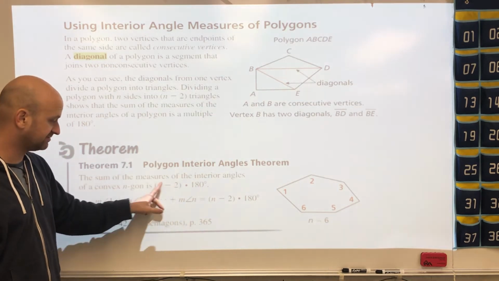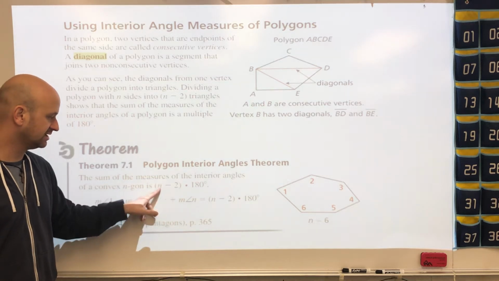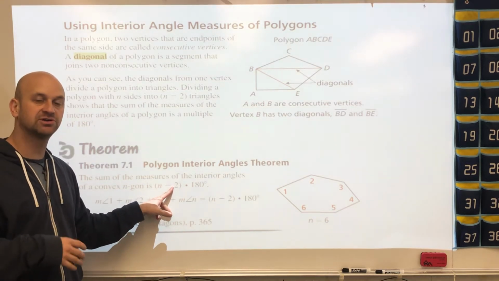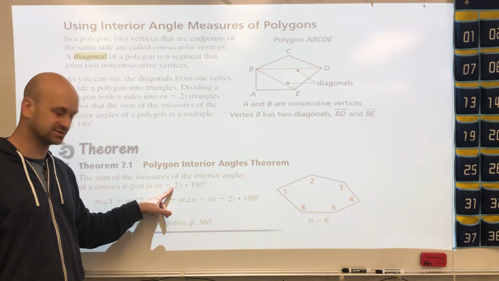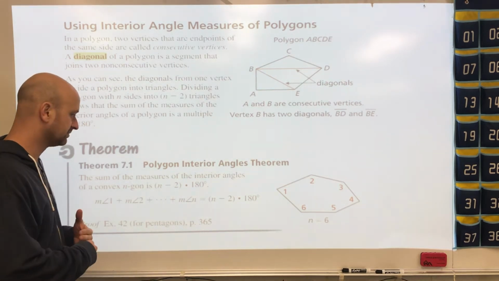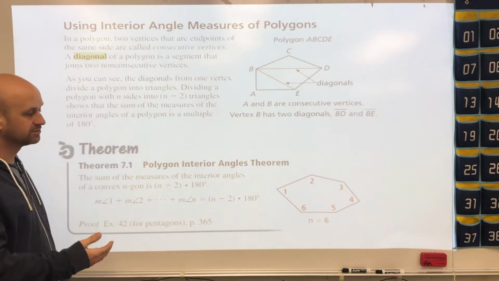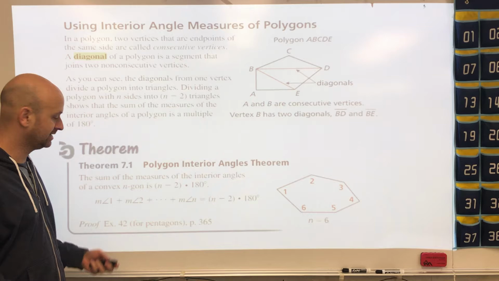So in this case, we have 5 minus 2 gives us 3 triangles. So this n minus 2 would tell us how many triangles are created by drawing diagonals, times the degrees of the triangle. So that's how you determine how many degrees are in a polygon.